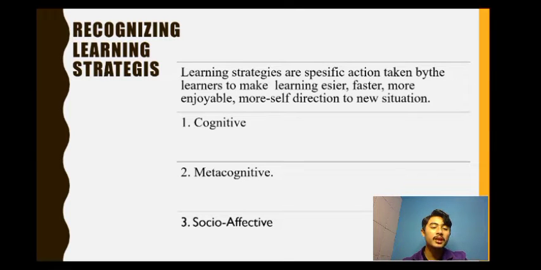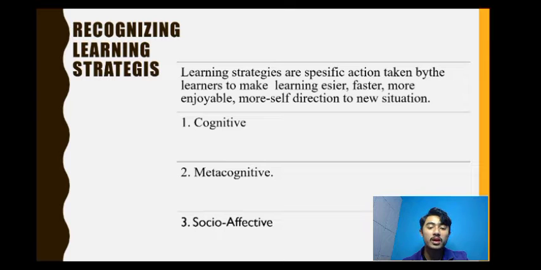The next meeting, an asynchronous meeting, I've learned about recognizing learning strategies. In this material, learning strategies consist of mental or behavioral activity related to some specific stage in the overall process of language use.